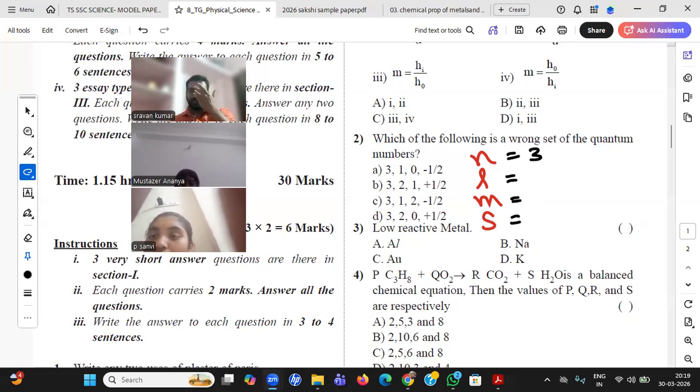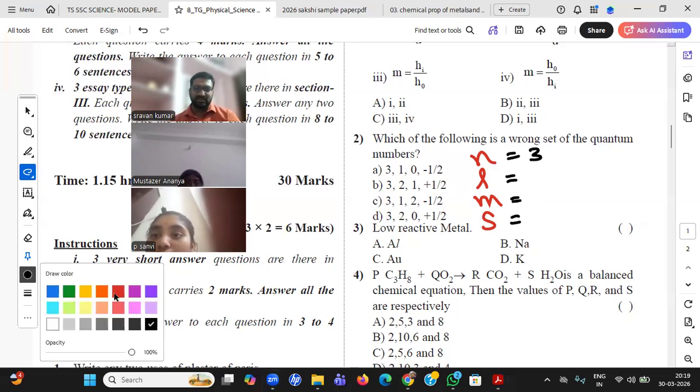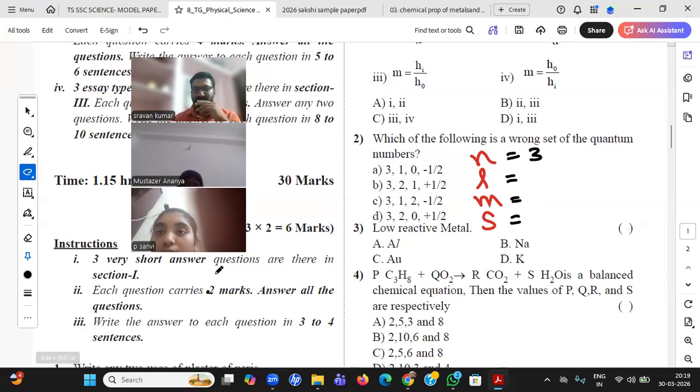Come on, Sanvi. This is a chapter from periodic classification, I guess, or atomic structure. Yes, give some answers, Sanvi. Oh, very good.